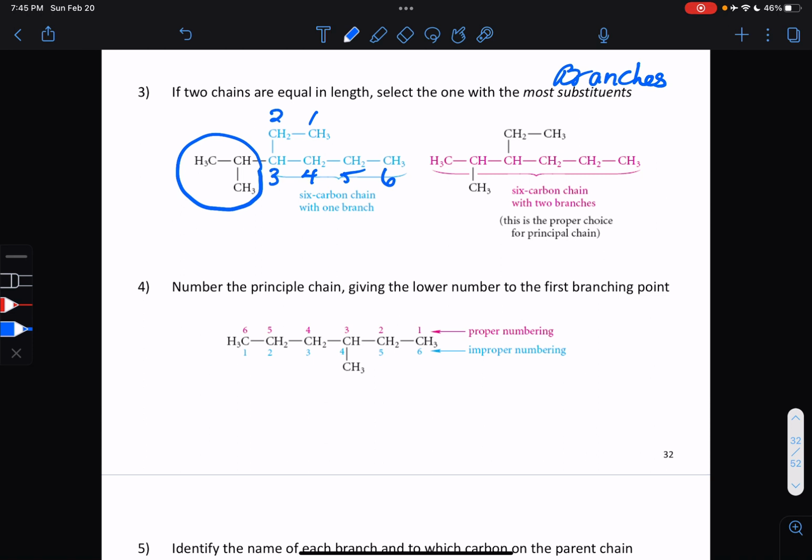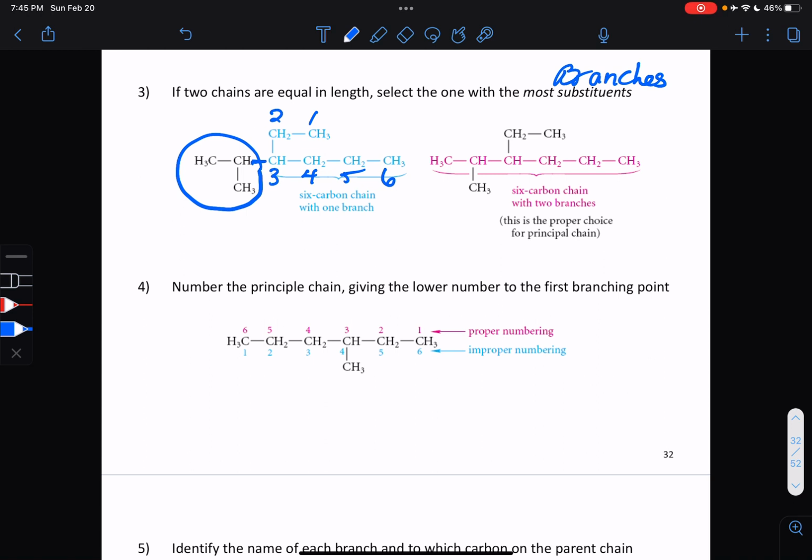So even though that looks strange, like it could be 2 branches right there, you can see that right here, there's only 1 arm that connects that carbon and carbon right there. So you have 1 branch hanging off that 6-carbon chain.